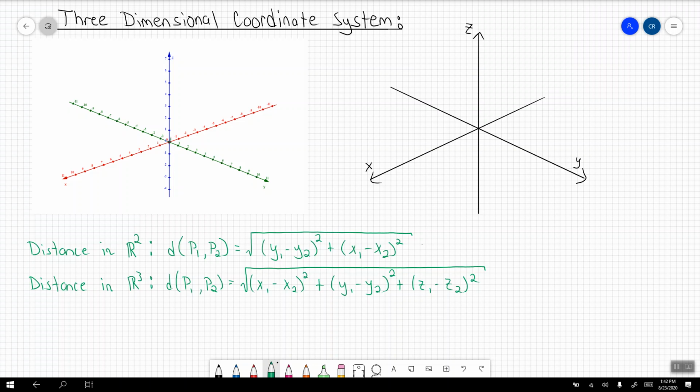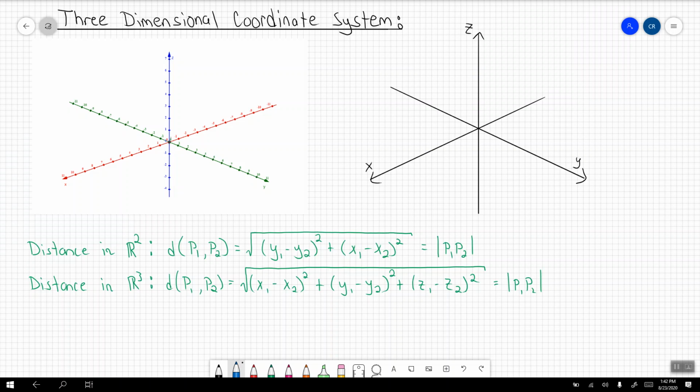We could always rewrite this to just be the magnitude between P1 and P2, and the same thing can happen here, the magnitude between P1 and P2. And I use the reference of magnitude because we will be getting to that portion in the next sections.